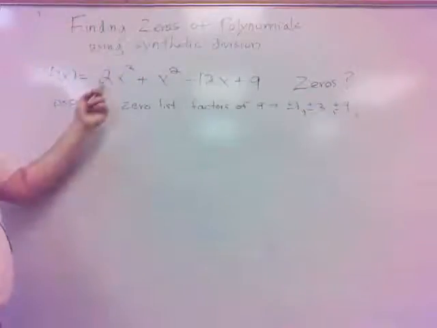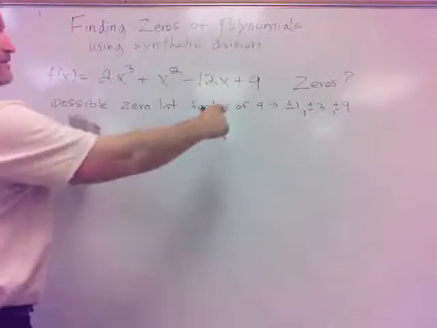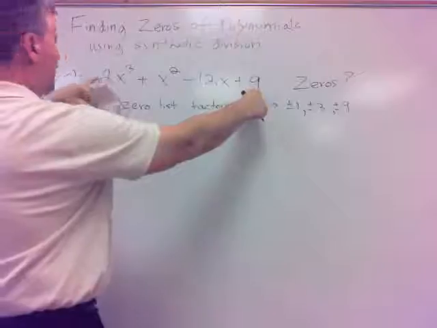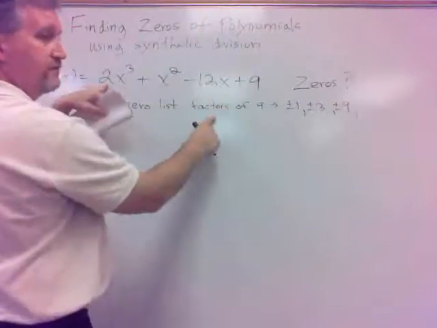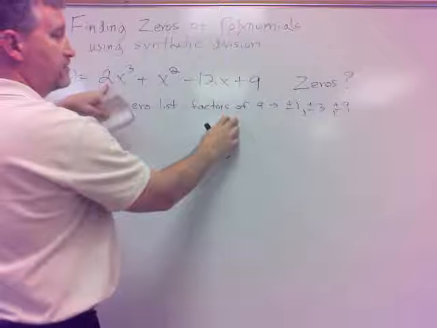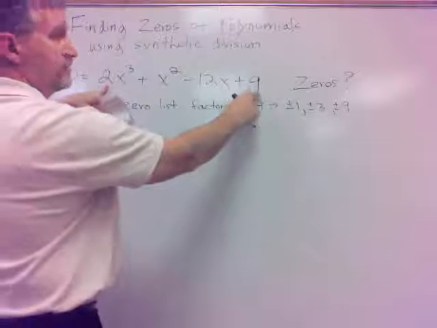But what else could we divide by? If you do factors of this divided by this, those are also potential zero factors. We don't usually have to get into those, but possibly you could.